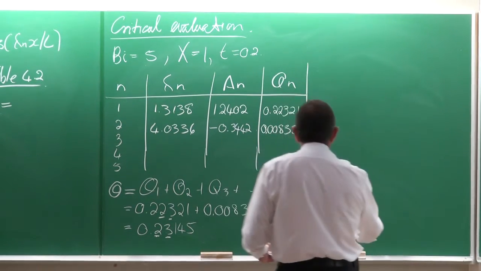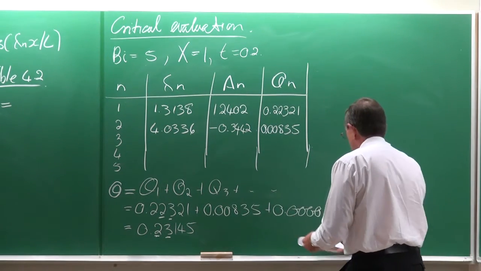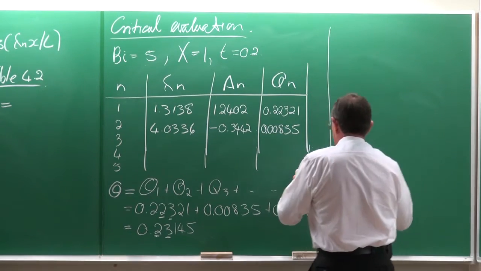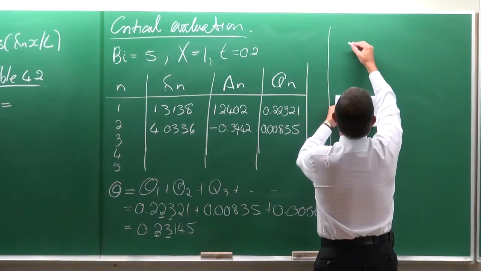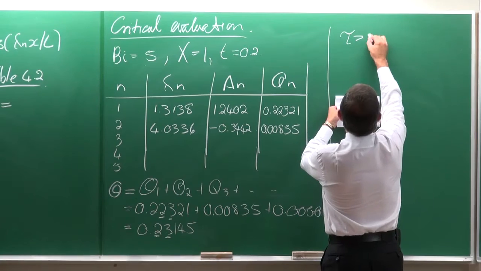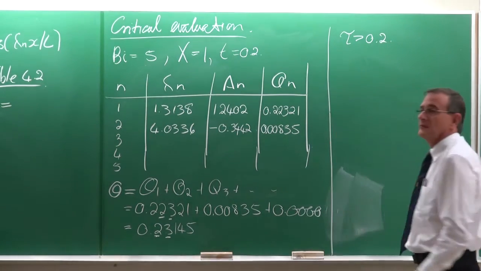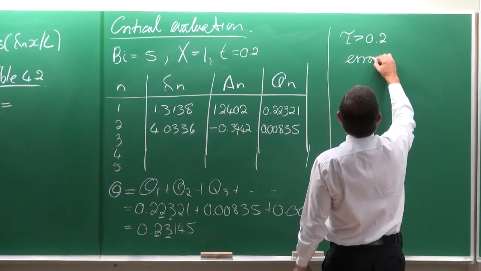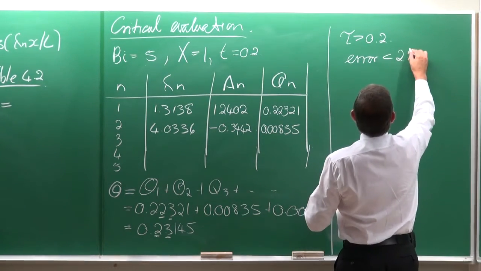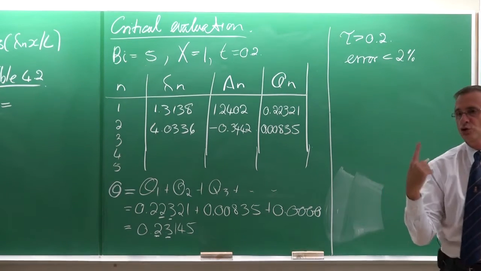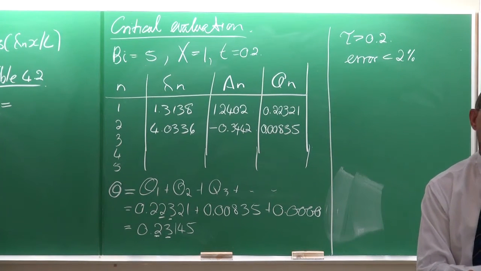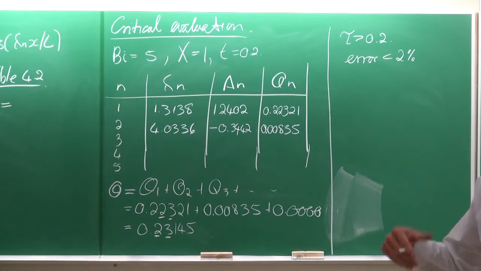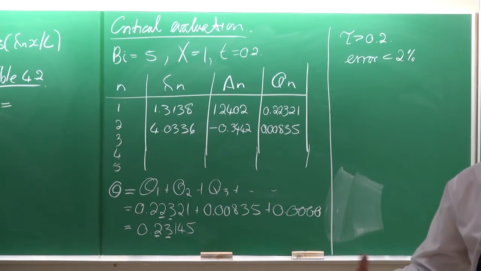Well, not really. I think if you go and do many of these calculations, they have found that if tau is larger than 0.2, then the error would be smaller than 2% if you only use the first term. So that is a good guideline for us.